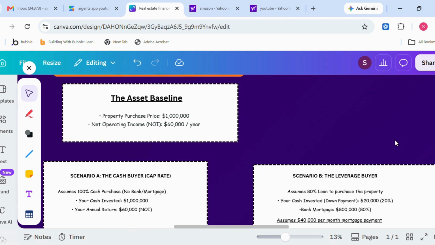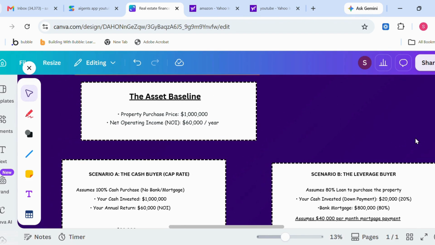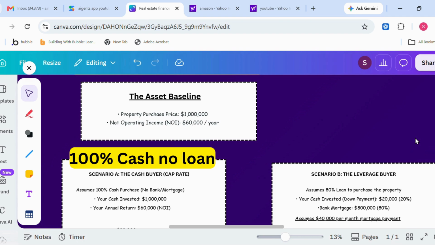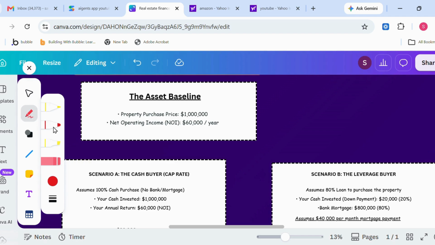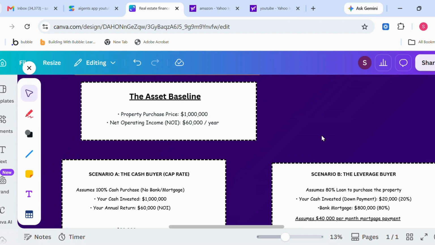Now there are two scenarios. Scenario A, you buy it with 100% cash, right? No bank mortgage, and your annual return is 60K.